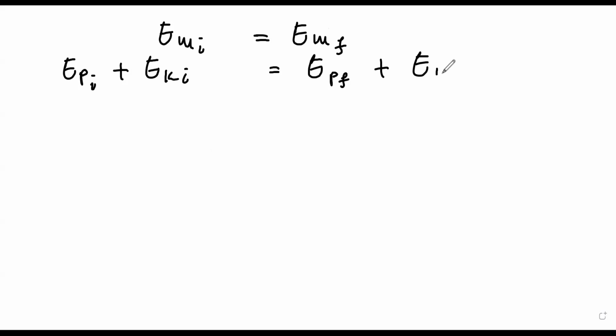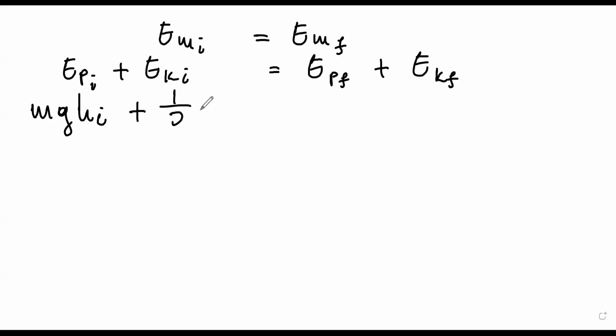All right. But now the question is, how do we calculate the potential energy? Well, we take the mass multiplied by the gravitational acceleration, then we multiply this by the height.